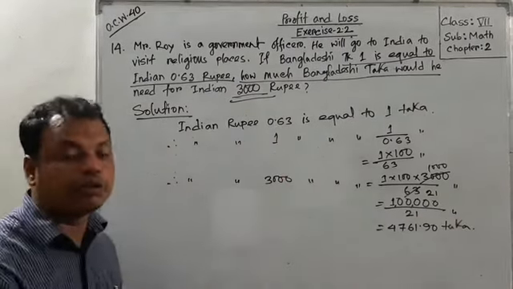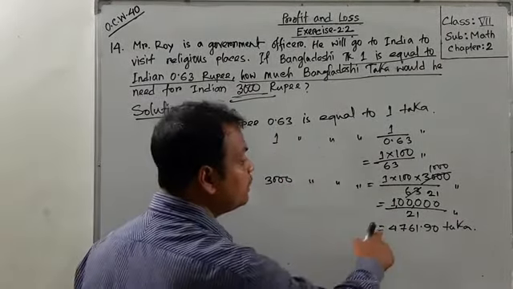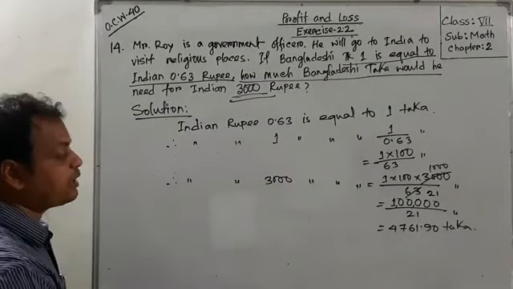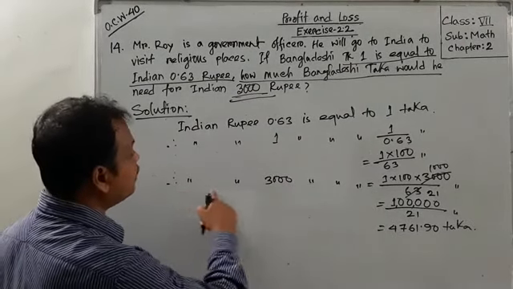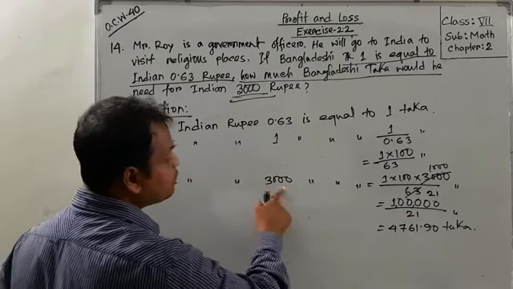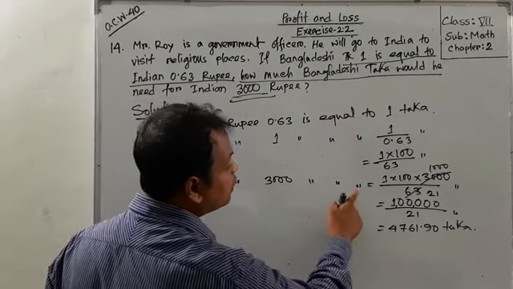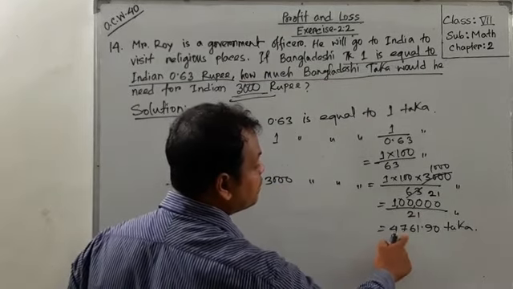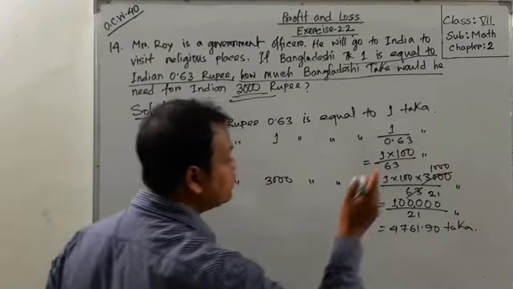We have to check this one. When we solve this, we will get this amount of taka. For getting 3000 rupee, Mr. Roy will be needed 4761.90 taka.